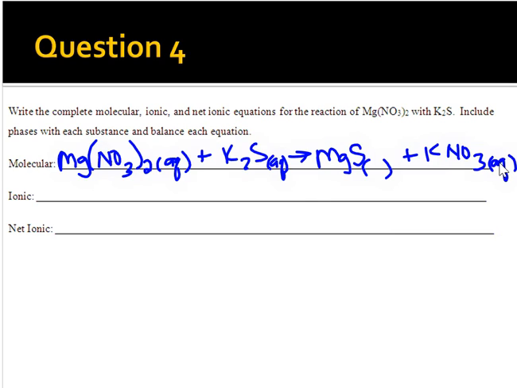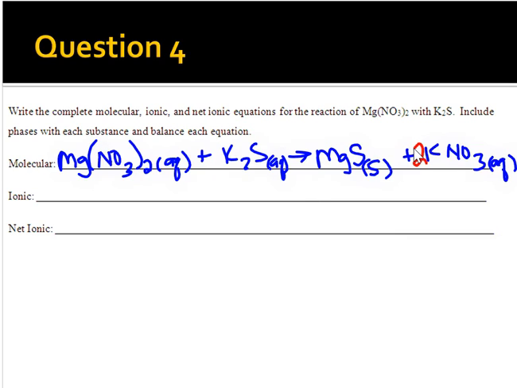So rule number 6 states that sulfide ions that are in compounds generally are insoluble, meaning they're generally solids, unless they're bonded to, and then it lists some exceptions, but magnesium is not one of the exceptions. So since there's no exceptions, that actually means this is my solid, and that's my precipitate. The last thing I need to do is I just need to make sure I balance this. What I need to do is I need to put a 2 right in front of there. Alright, so that's going to balance my chemical equation there.